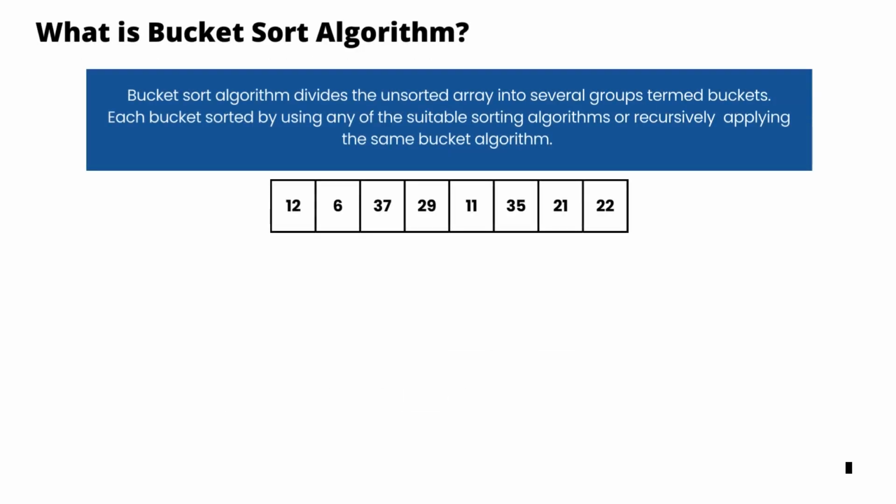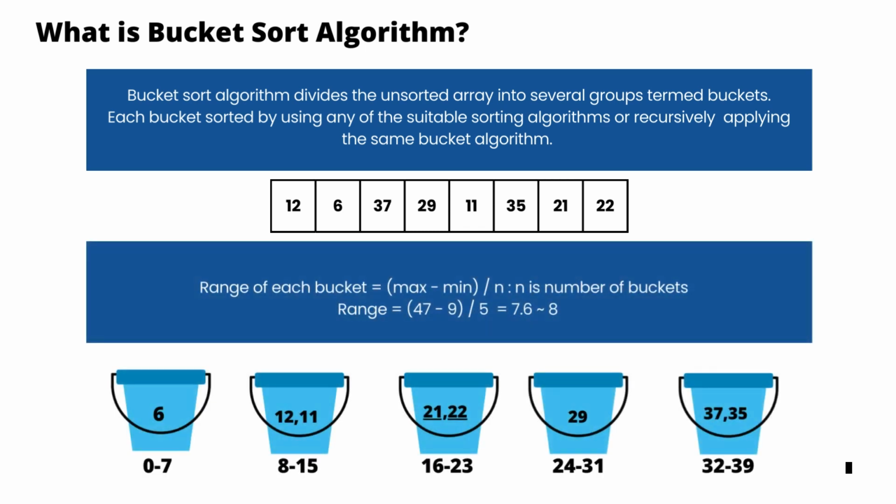Now, we will create some buckets with different ranges. So here we have different buckets ranging from 0 to 7, 8 to 15, 16 to 23, 24 to 29, and finally, the last bucket with range 30 to 39. So 6 will be stored in the first bucket.